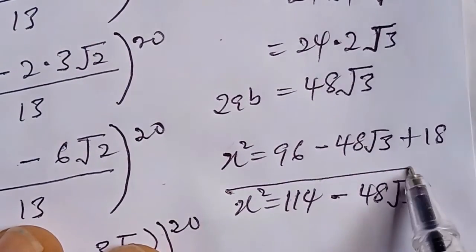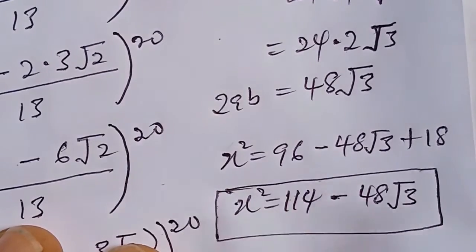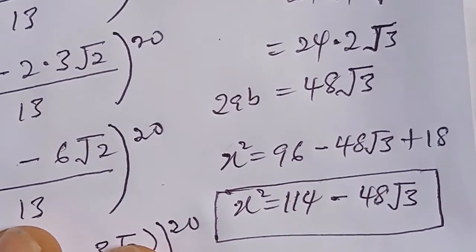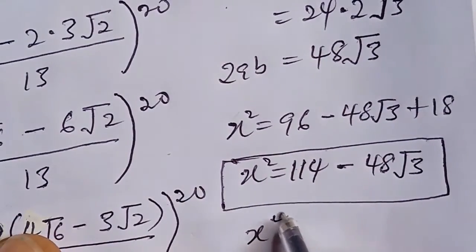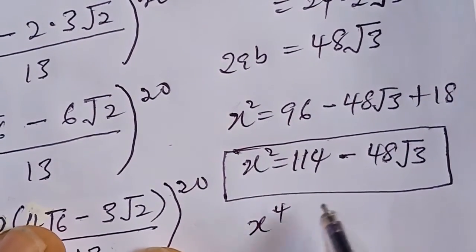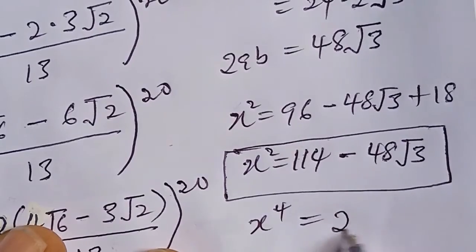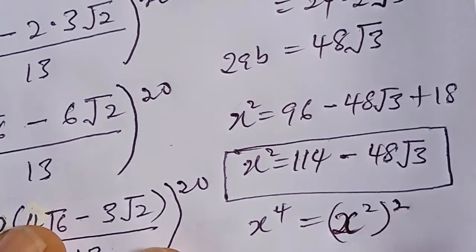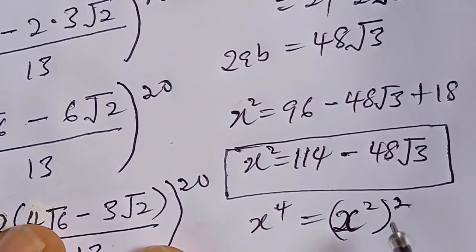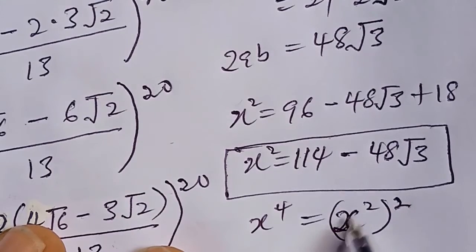So we are not done yet. We also need to find x to the power of 4, and x to the power of 4 can be written as x to the power of 2 into bracket to the power of 2. So we already have this, so we now square the value of this, the answer for this.